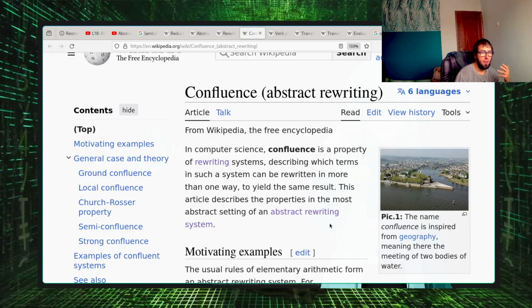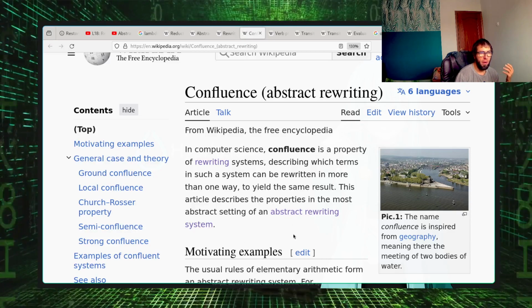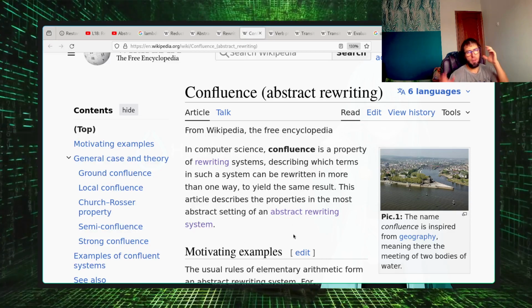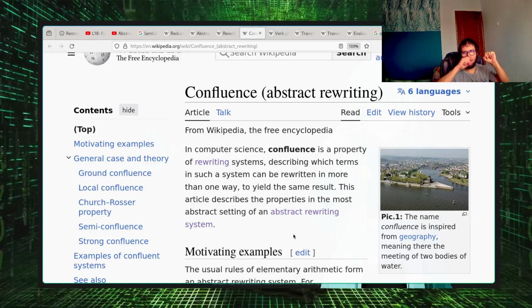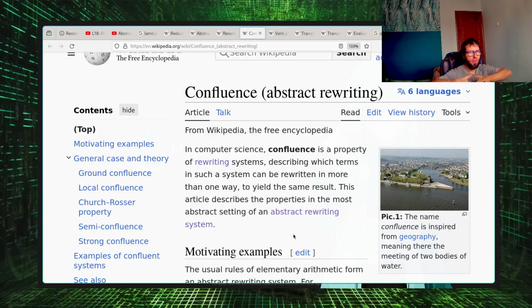In a similar way, when we have rewriting systems with some terms, some terms of these systems can confluence into one term. Okay.